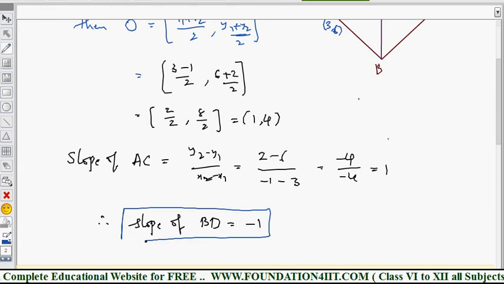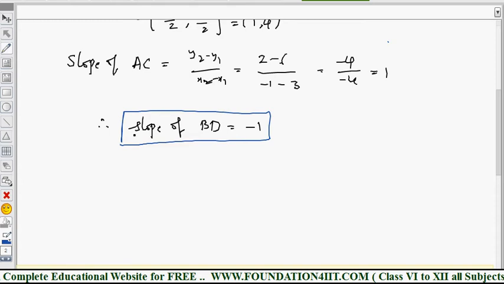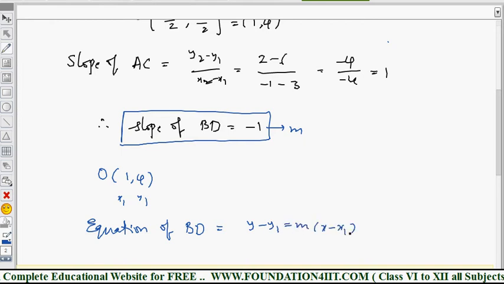Now we have the slope and the point O, which is (1, 4). So we can use the slope-point form to find the equation of BD. Here (1, 4) is x1, y1 and the slope is m. The slope-point form is y minus y1 equals m into (x minus x1).